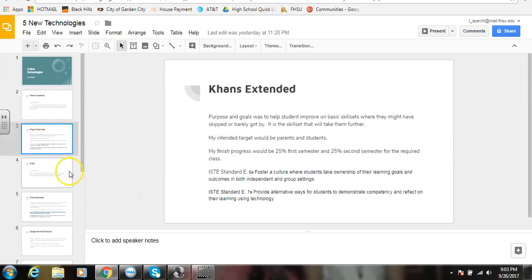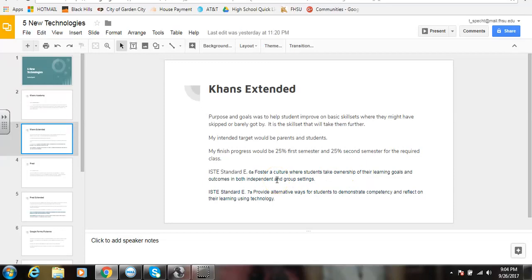The purpose and goals were to help students improve on basic skill sets where they might have skipped or barely got by. It is the skill set that will take them further in math. My intended target would be first students and then parents, and my finished project progress would be 25% first semester and 25% second semester.